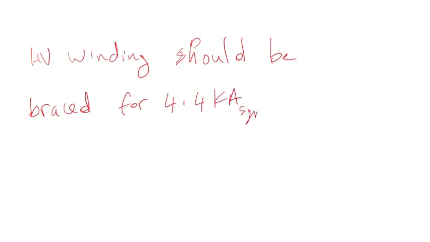This is symmetrical. Obviously, you can calculate asymmetrical. But like I said previously in other videos, this is just a line to ground fault happening on the low voltage side.